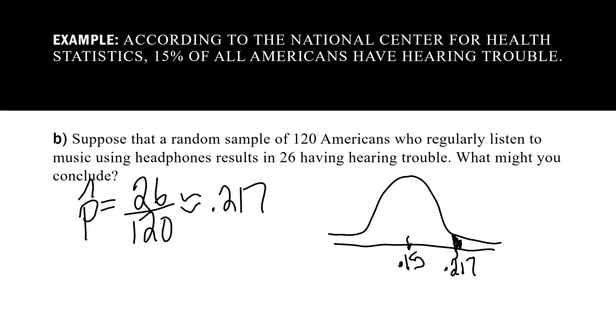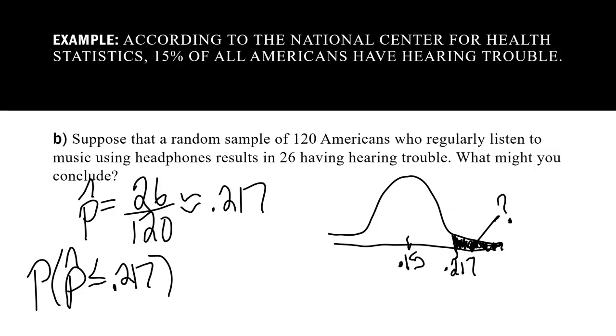And so we want to know, is it unusual, right? In the past, to determine if it's unusual, we computed the probability here. And we want to know if that probability there is less than 0.05, all right? So we want to know, what is the probability that p hat is less than or equal to 0.217?